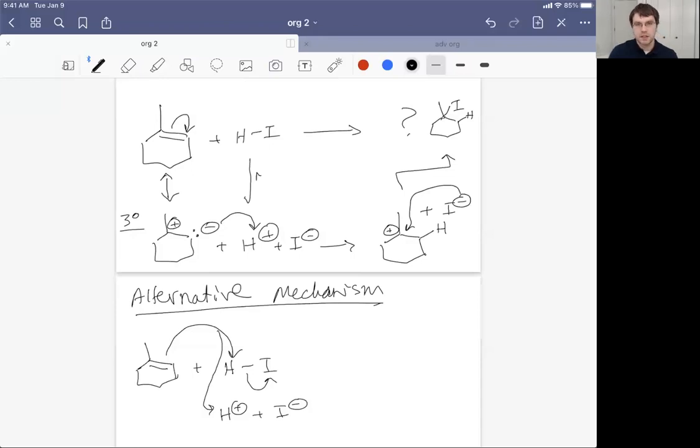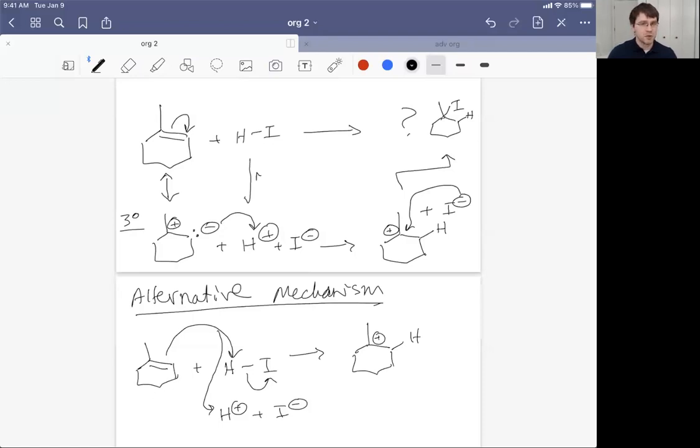And in either case, the pi electrons are just reaching out and attacking the hydrogen. And that's going to give rise to the exact same intermediate. We just have to know that the pi electrons, when they engage that hydrogen atom, are going to put it on the right carbon that was double bonded as opposed to the left one.